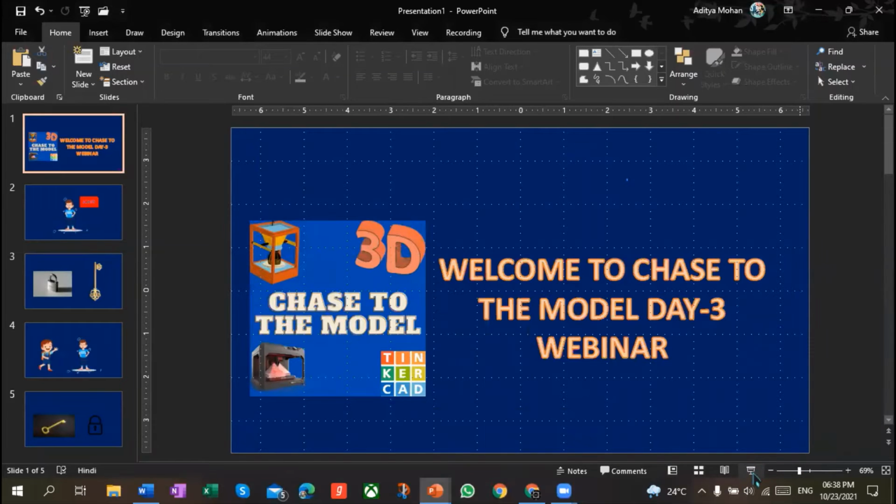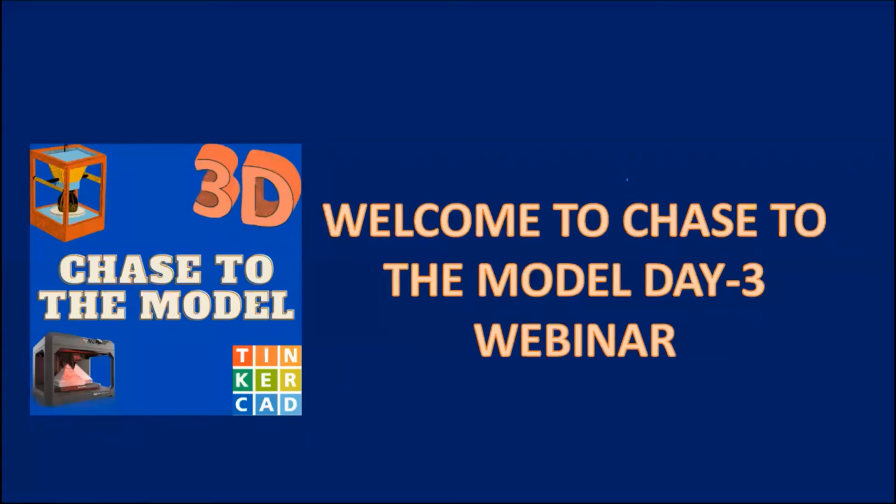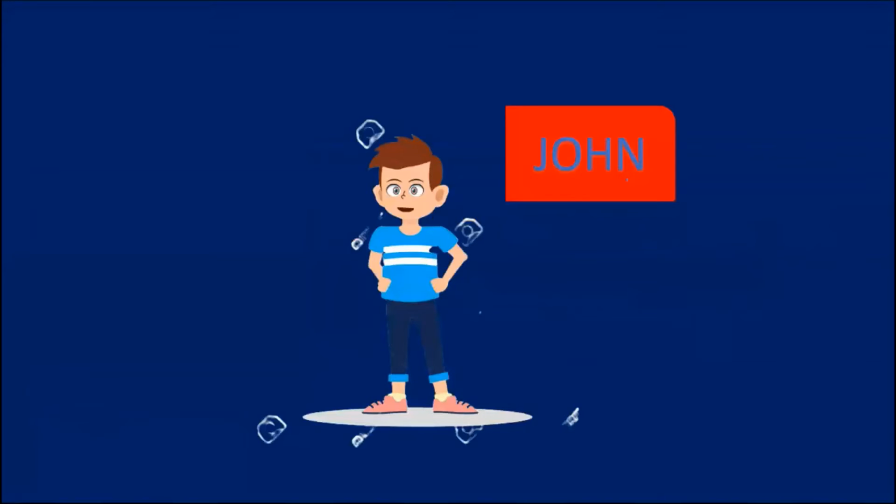So yes, hello everyone. Welcome to the Change to the Model Day 3 webinar. Now let's move ahead. Recently I got a new neighbor, and his name is John. He has really creative thinking and likes to do everything creatively. He needed a lock to protect his house when he was out.